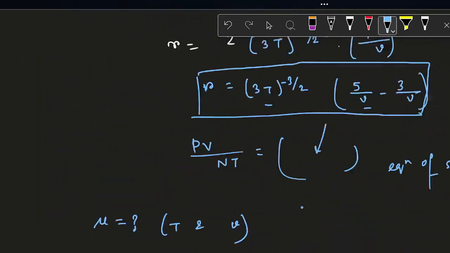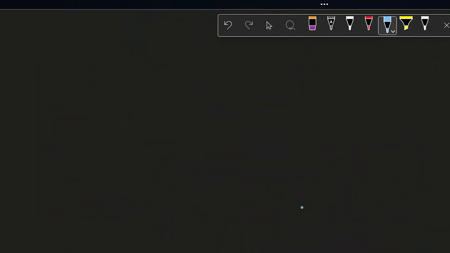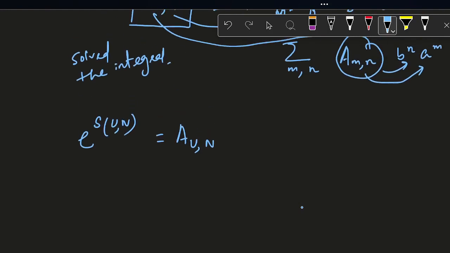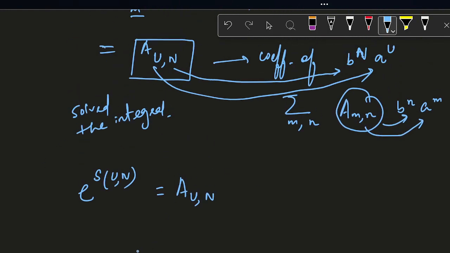Okay, so let us go back. Now you just have to match the coefficients and you will get the answer. First of all, they asked us to get s of u comma n equal to 2. That means u comma n equal to 2 is simply nothing but the coefficient with n equal to 2.